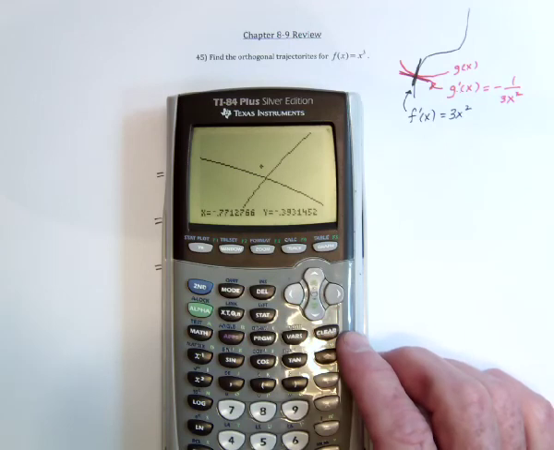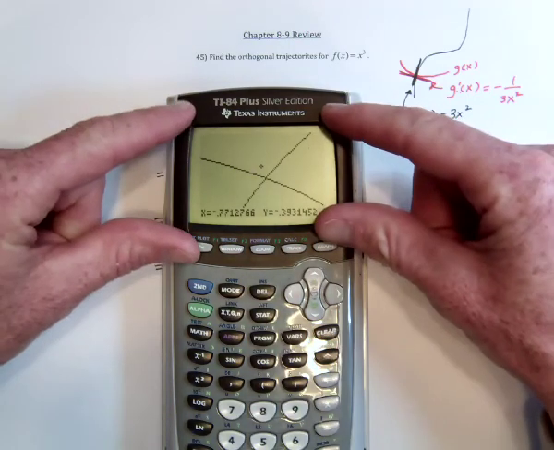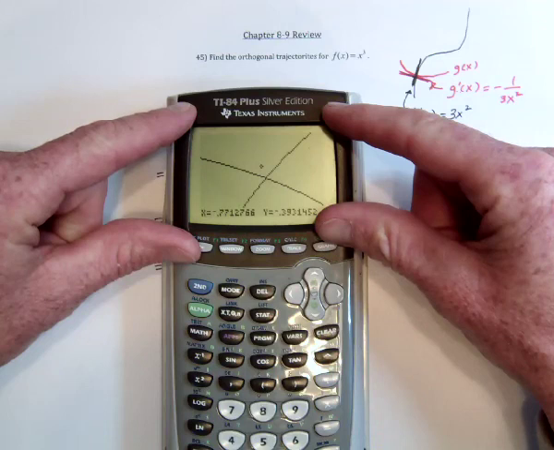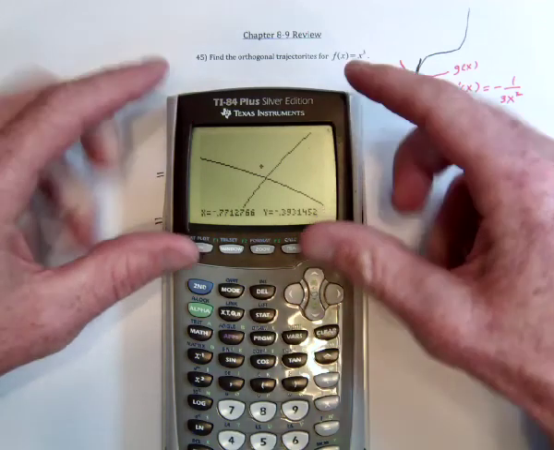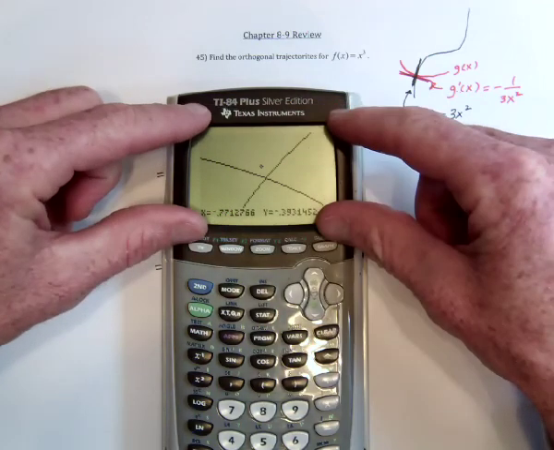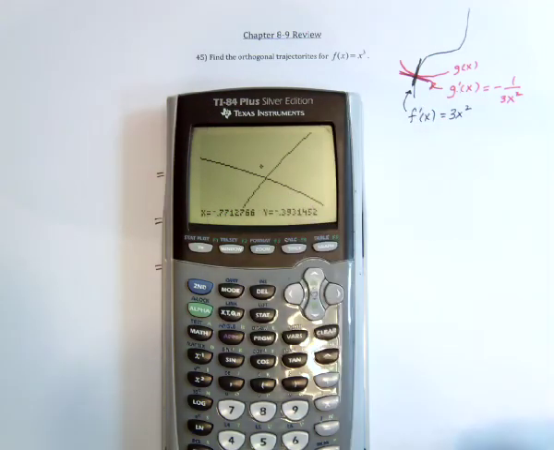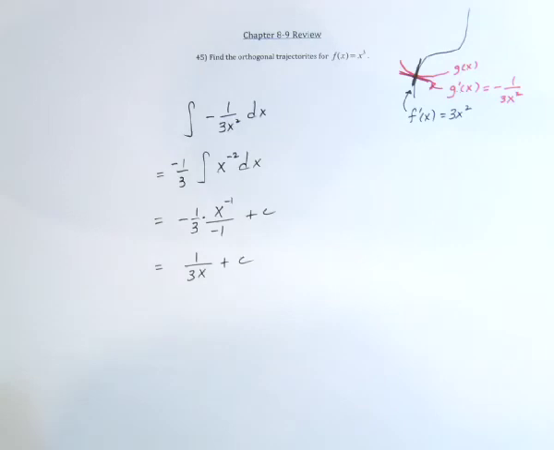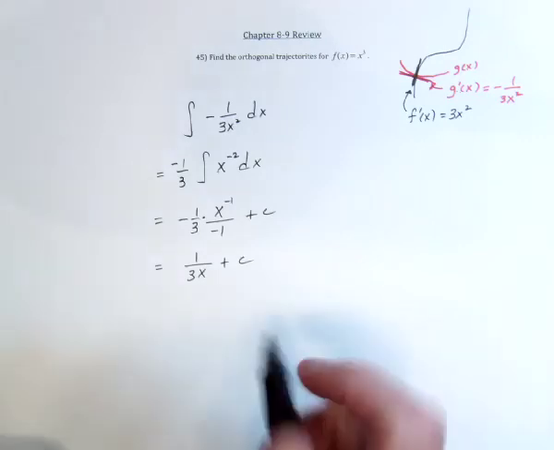Oh, there's a problem. The screen of the calculator is a rectangle, so it's actually taking square information and stretching it like this, so they don't quite look perpendicular. But the math tells me that they are, so I'm going to believe that.